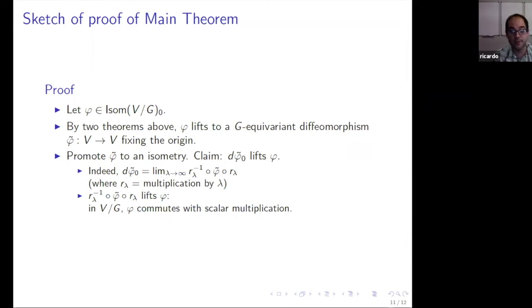Right, phi tilde is a diffeomorphism at this stage. Yes, you're right, if phi tilde was already linear, this would not do anything to it. But this is some diffeomorphism. So when you take the limit of this conjugation, what you get is exactly the differential at the origin.